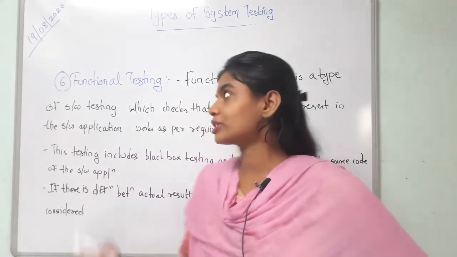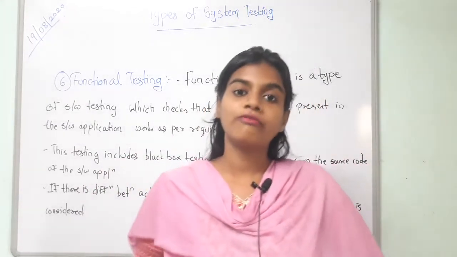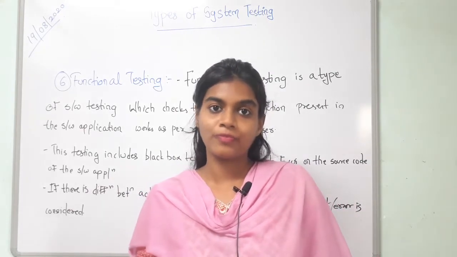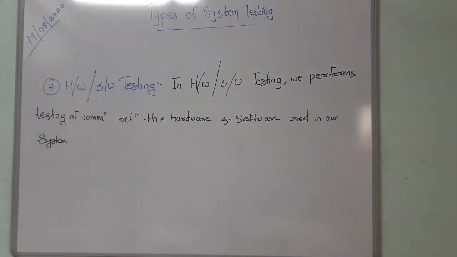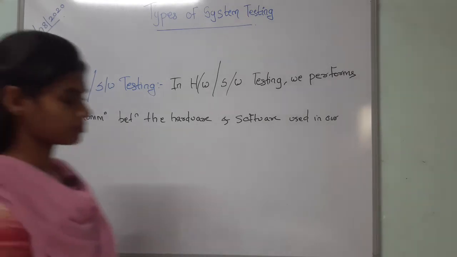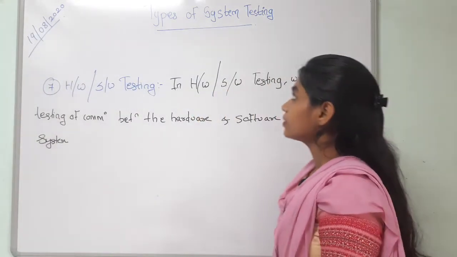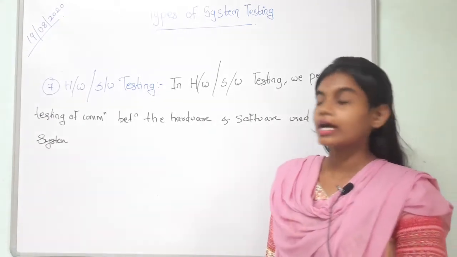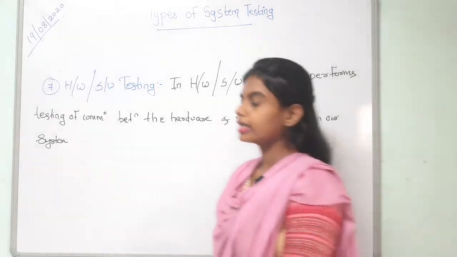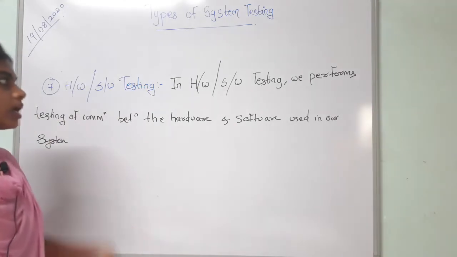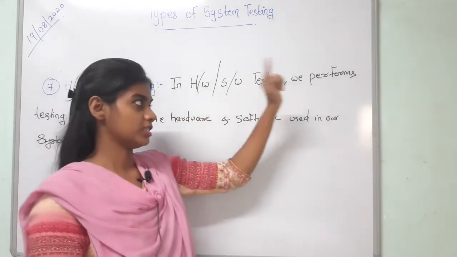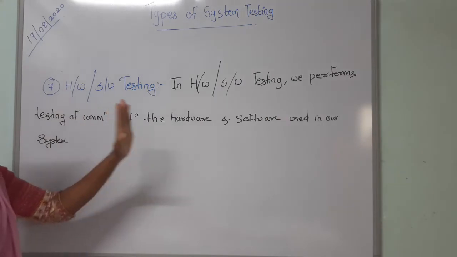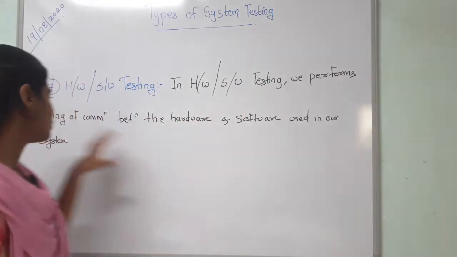So that is what functional testing is. I hope you have understood it. Now we will go to the 7th type of system testing, hardware and software testing. In hardware or software testing, we perform testing of the communication between the hardware and software used in our system.